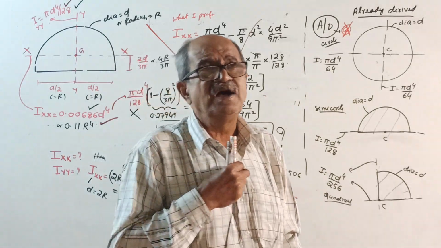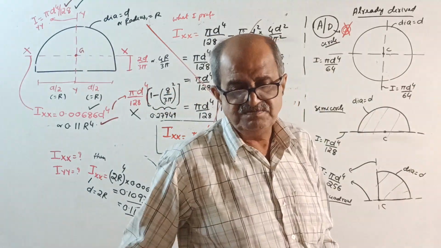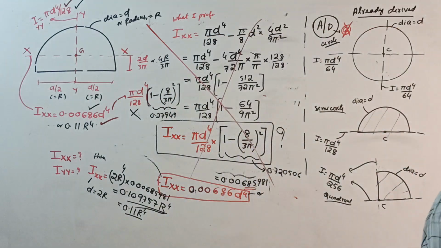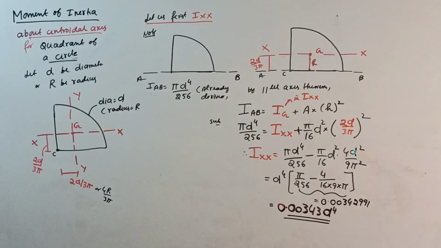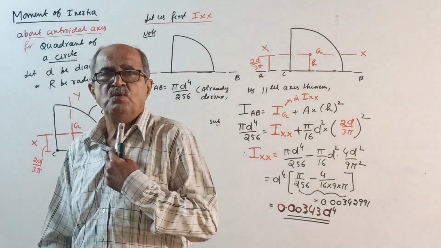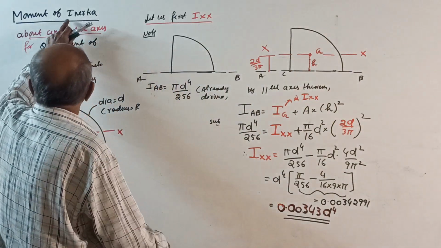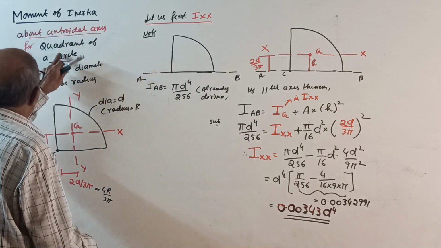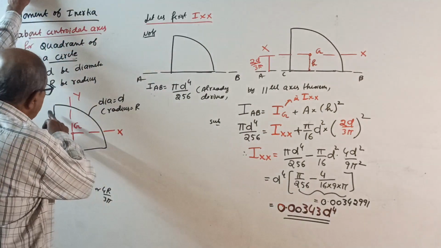Okay. Now lastly, quadrant of a circle. Now lastly, moment of inertia about the centroidal axis for a quadrant of a circle right here.